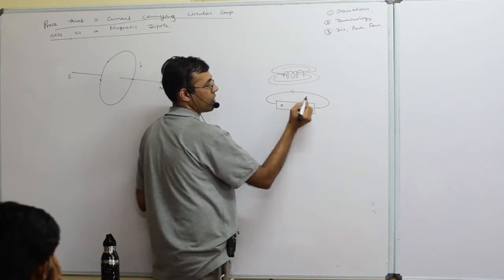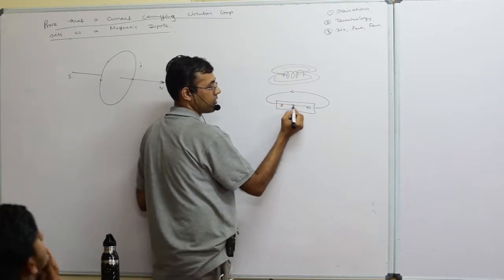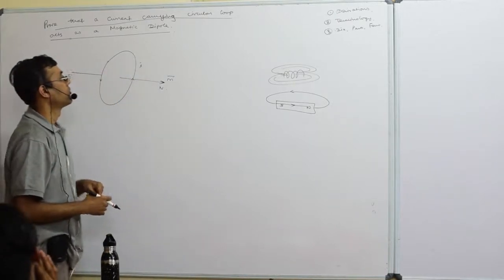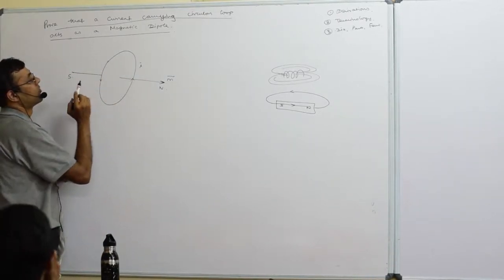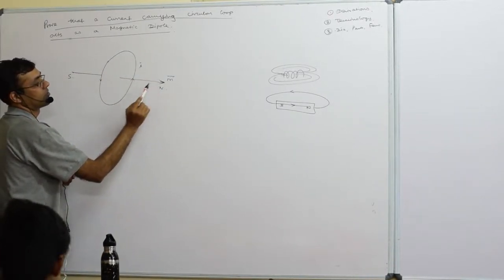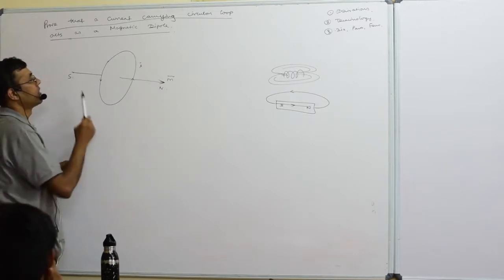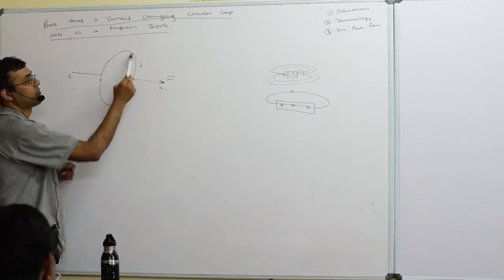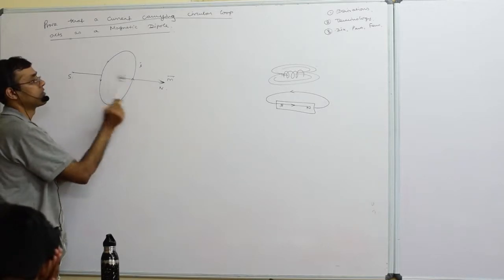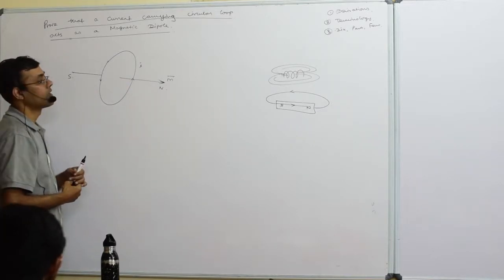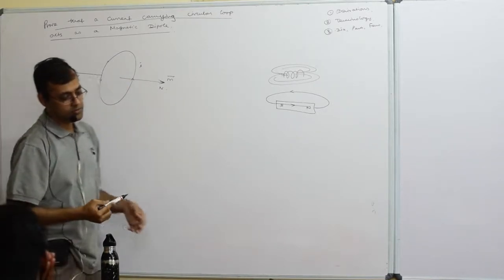North to south outside, but inside the magnet it will be south to north. So don't get confused. Here we will be showing like this. You should not think that it's north to south. This is inside the magnet, which means it will be south to north. That's the first thing you have to understand.